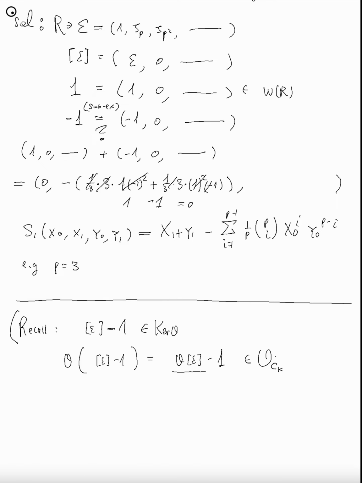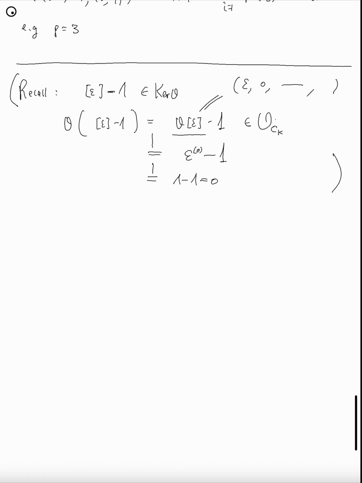And what is this? By our formula this is epsilon 0 minus 1, because all the epsilon 1 are 0. This is just epsilon 0. And so this is just 1 minus 1 equals 0. Okay, now let's look at the R1 of it.